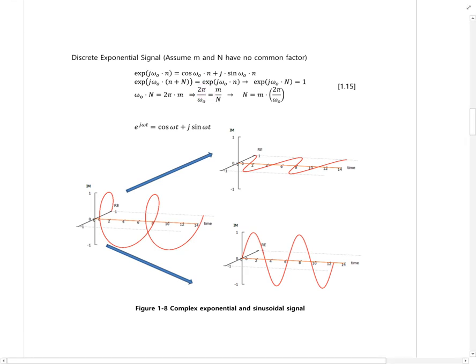Actually, this one should be omega 0 over 2 pi. So m over N should equal omega 0 over 2 pi. We would like to solve with respect to N, so N equals m times 2 pi over omega 0. Okay, N should satisfy these conditions, and also m and N should not have any common factor. This is the discrete exponential signal.